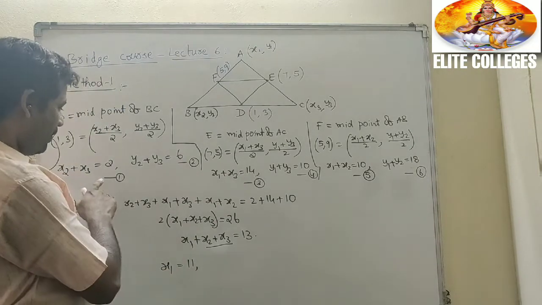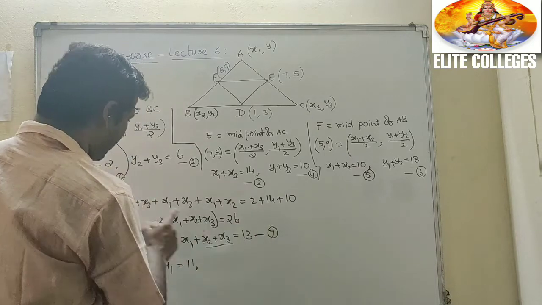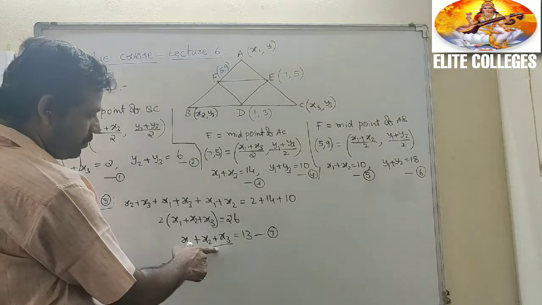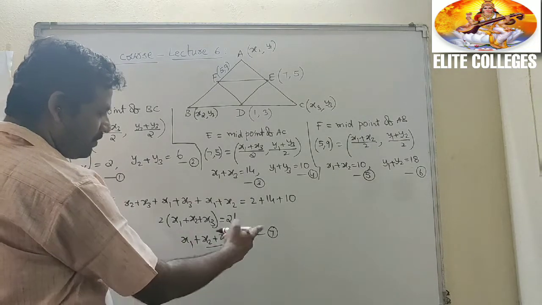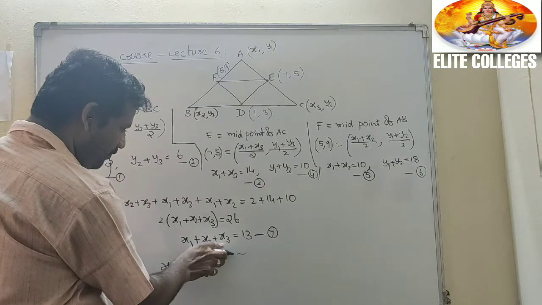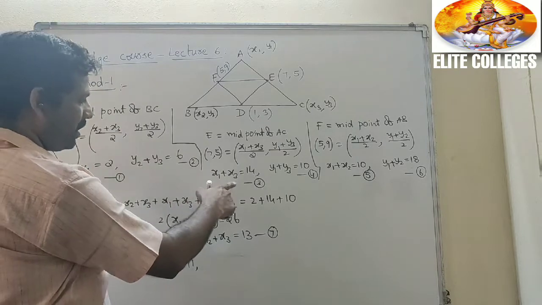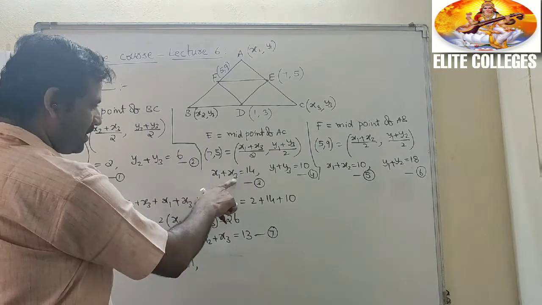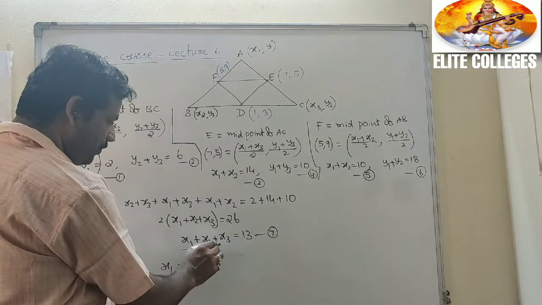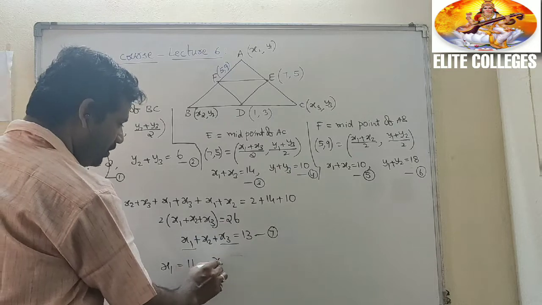Again see, I am using the first and this seventh equation. 1 and 7: x2 plus x3 equal to 2, so x1 plus 2 equal to 13, x1 equal to 13 minus 2, 11. Right, now see the third and seventh one. x1 plus x3 equal to 14. 14 plus x2 equal to 13. x2 equal to minus 1.